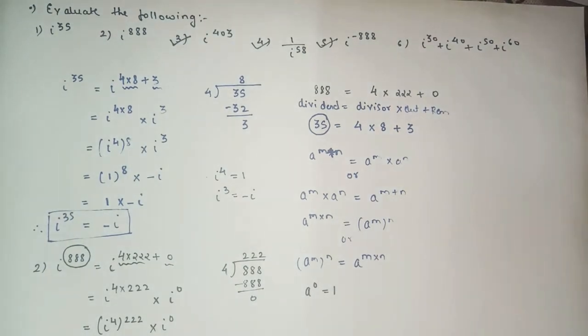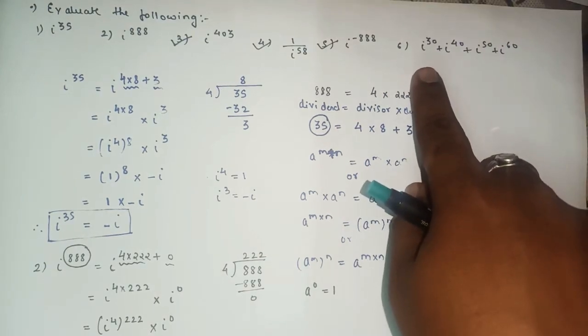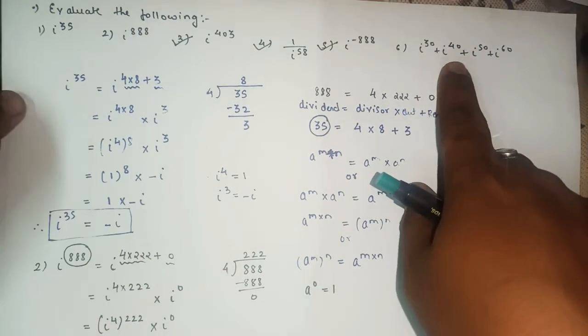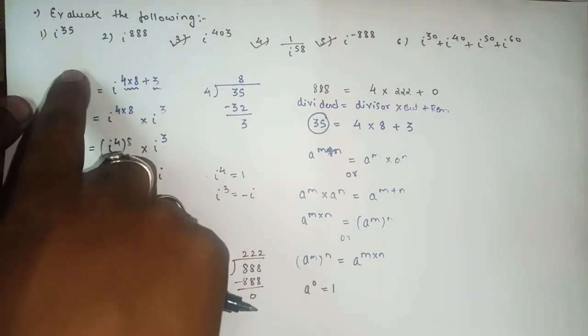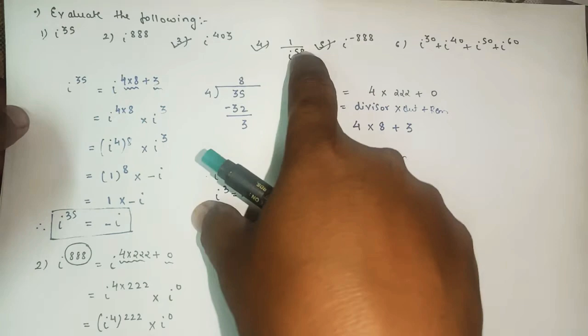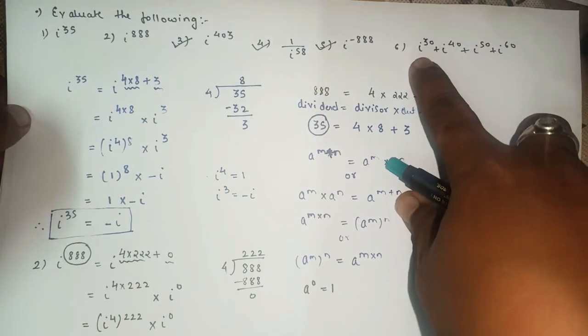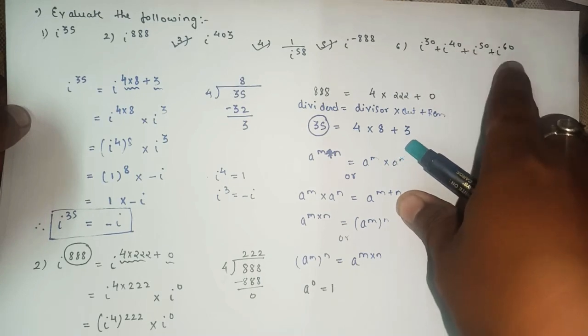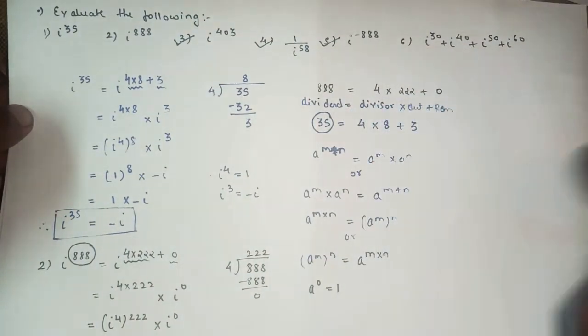So here the next one, it is what? Here we have i raised to 30, i raised to 40, i raised to 50 and i raised to 60. As here we saw, here we have to find the individual values. Here we have combined value like i raised to 30, i raised to 40, i raised to 50 and 60. We have to find the answer for all this section. Okay, so for this also there are 2-3 different methods.